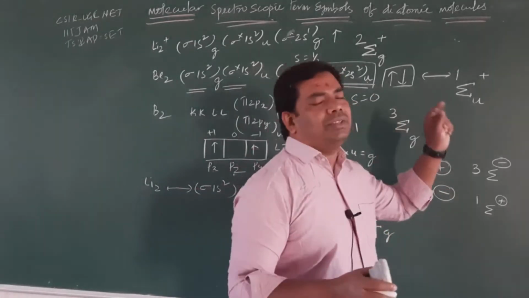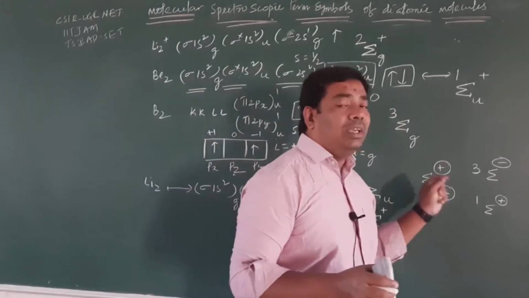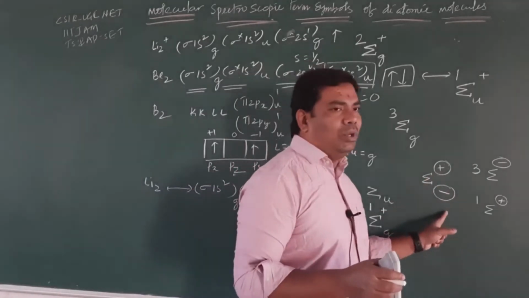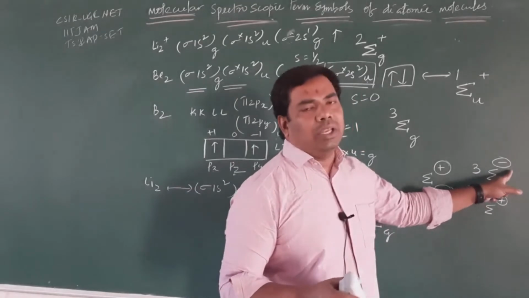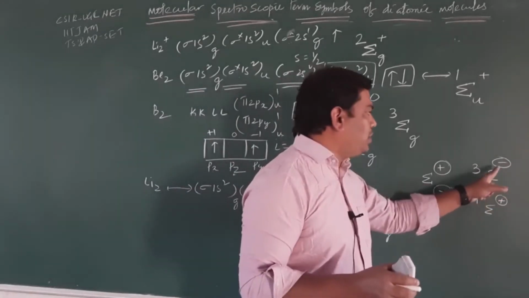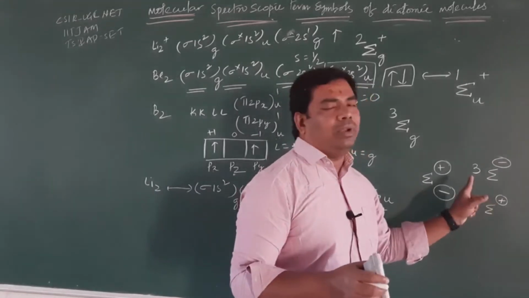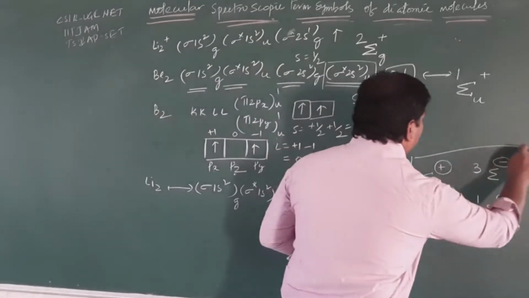In that case you just use plus as a superscript. But if the electrons are present in pi orbital, you can use plus or minus. If the spin multiplicity is 3, you use the negative superscript, and if the spin multiplicity is 1, then you use plus as a superscript. This is a very important concept, students.